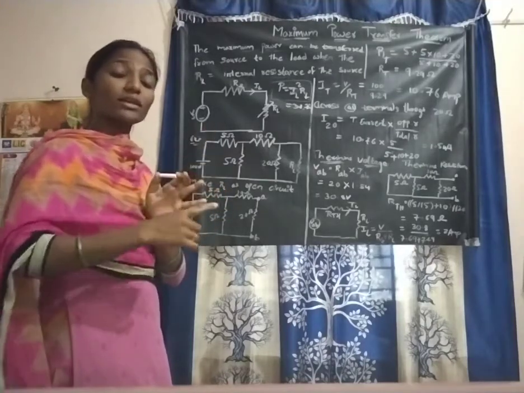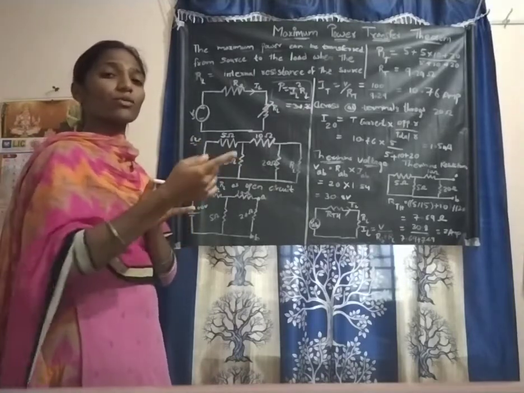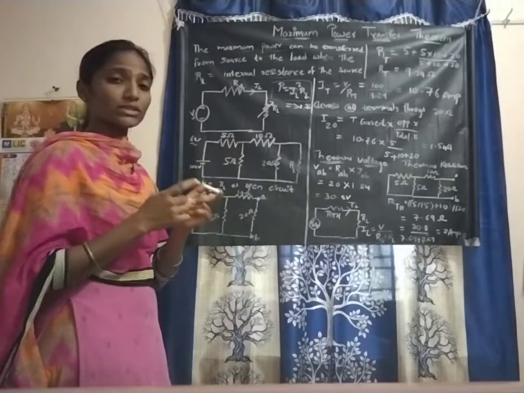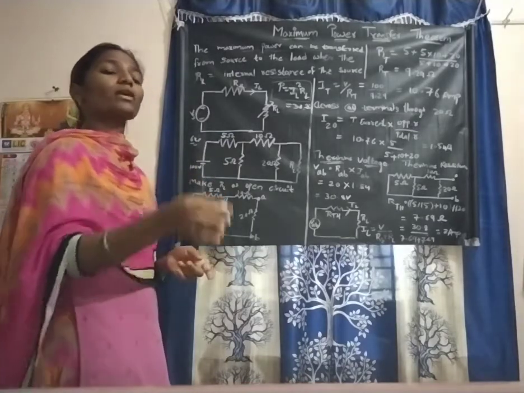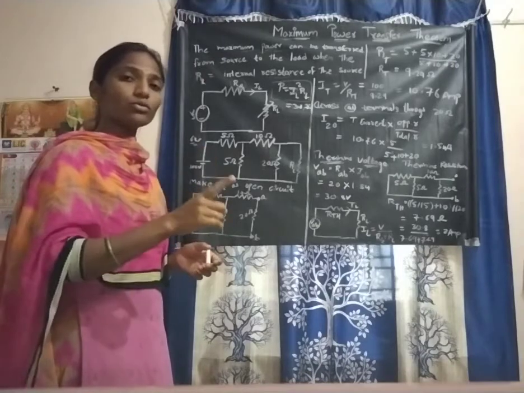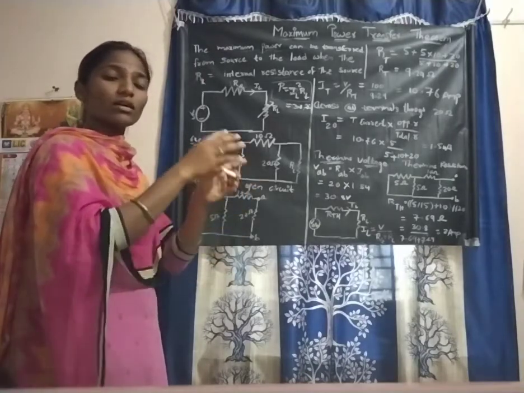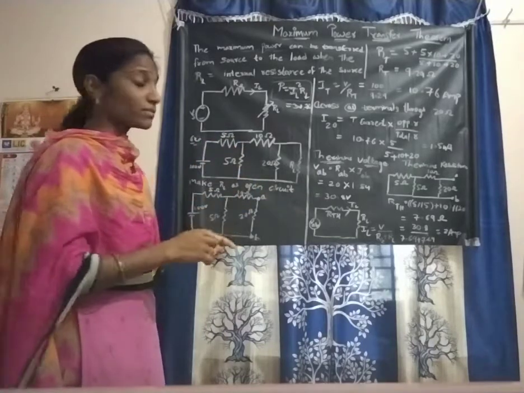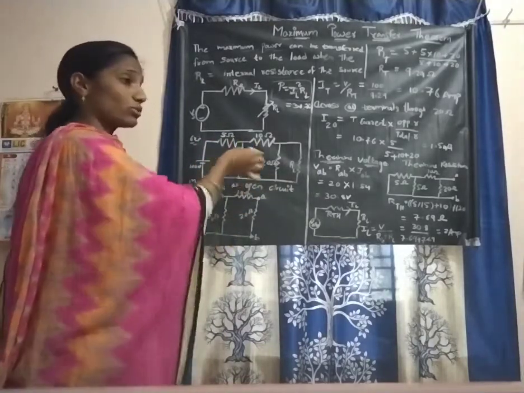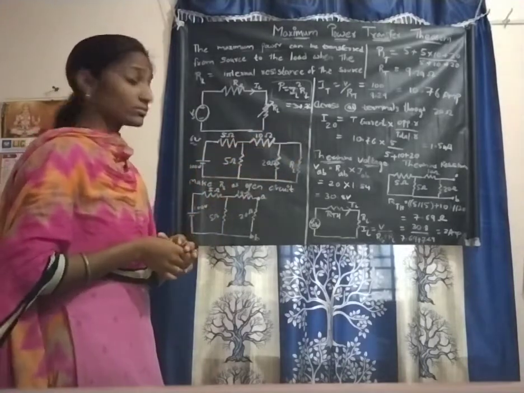After calculating these, we find how much power is transferred from the source. So before calculating the power, our aim is to calculate the Thevenin voltage and Thevenin resistance by making this complex circuit into a Thevenin equivalent circuit.